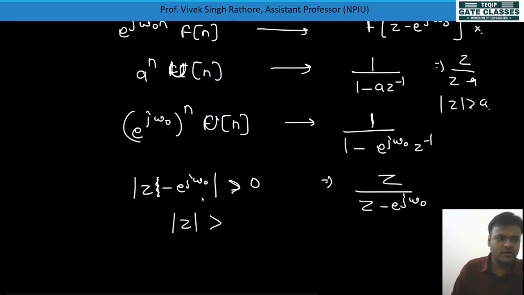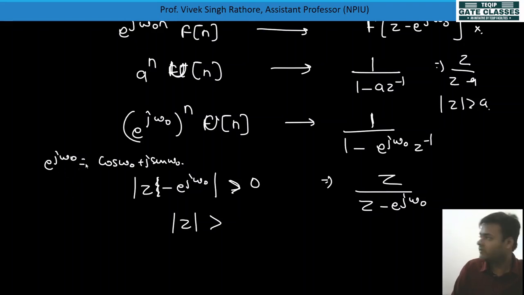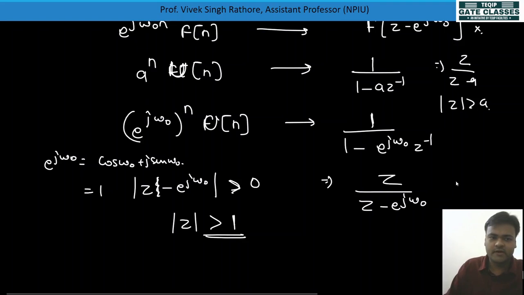You know that e to the power j omega 0 is the Euler function, cos omega 0 plus j sin omega 0, and as you know the modulus of this function is equal to 1. So finally we get mod z greater than 1.